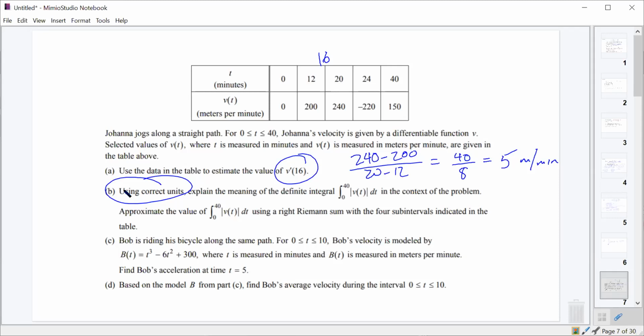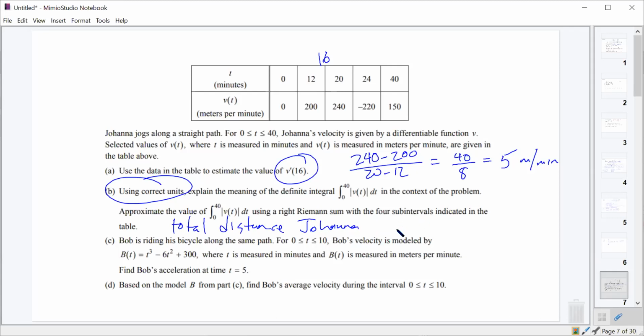Okay. All right, using correct units, we're going to explain the meaning of the integral of the absolute value of v of t from 0 to 40. So this is the integral of speed. So an integral of speed should be a total distance traveled. So this should be the total distance that she travels.